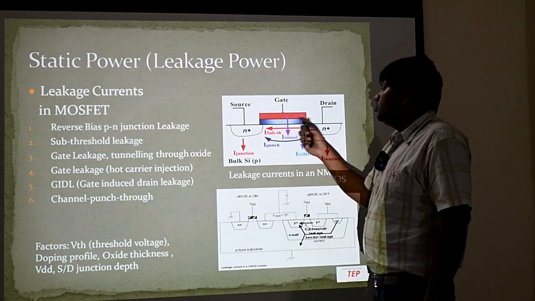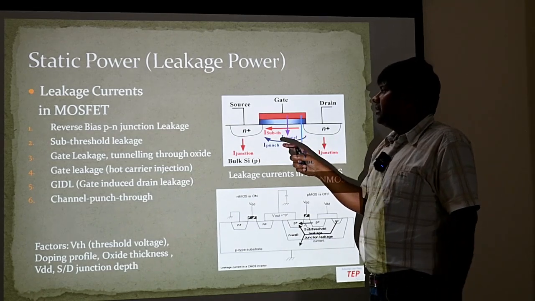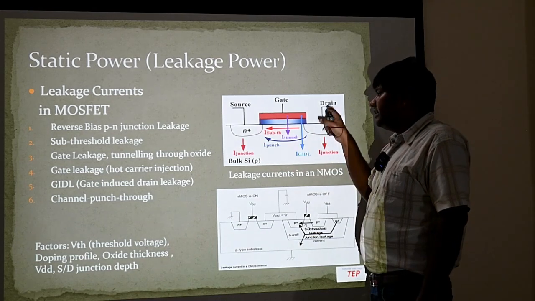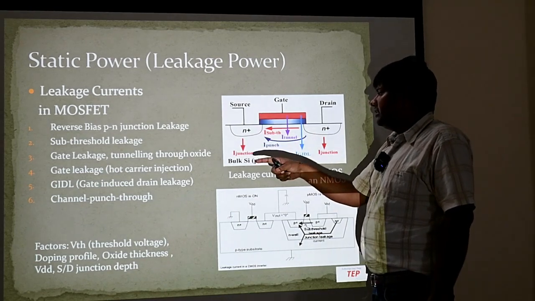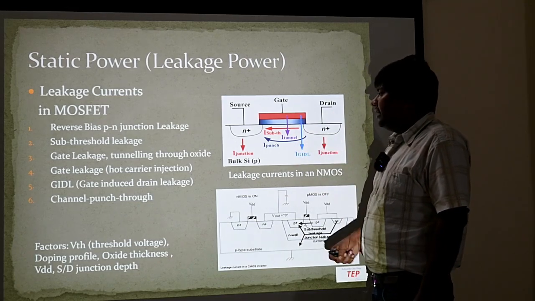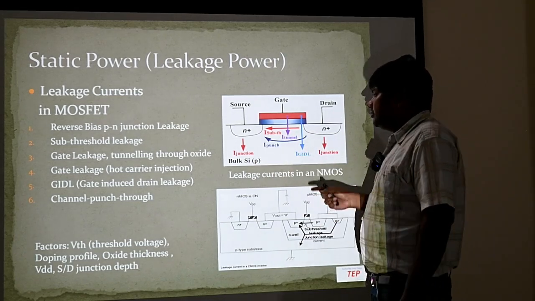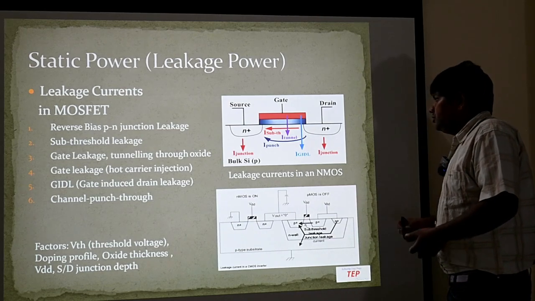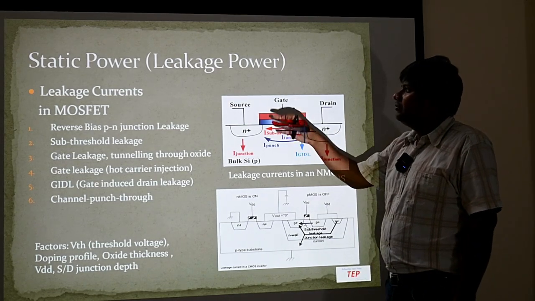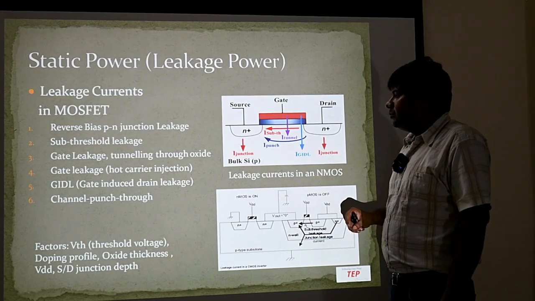There is sub-threshold leakage, which is one of the major contributors, and some other components called gate leakage tunneling current, and another gate leakage component due to hot carrier injection, and GIDL, that is gate induced drain leakage. So these are different components of leakage current which form our leakage power in a CMOS.